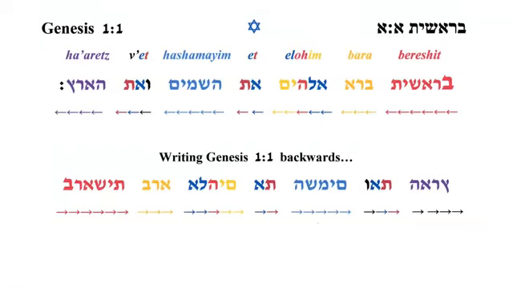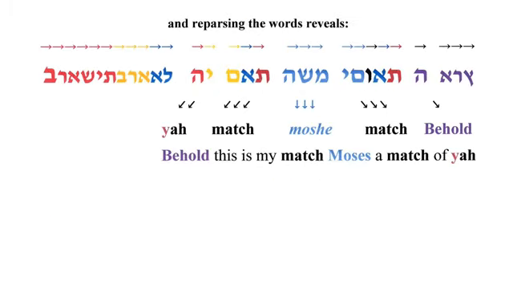So if you take Genesis 1:1, which we've been looking at over and over again here, and I write it backwards. There it is forwards, and then here it is backwards, okay? The color coding just helps it out there. Now, when I write it backwards, I'm going to re-parse it. Parsing is just where you put the spaces. So I'm going to change the spaces between the words.